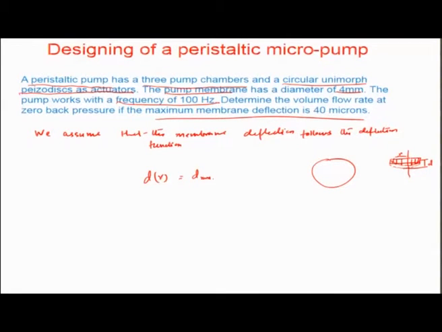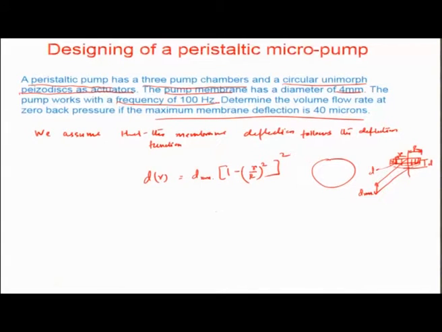Okay. So, let us assume this deflection right here to be d max times 1 minus small r by capital R, square, capital R being the final radius of the unimorph and small r being the point at which the deflection d is being measured. Okay. So, square of this.